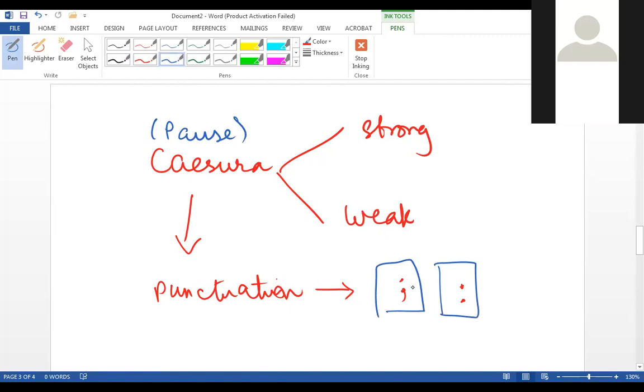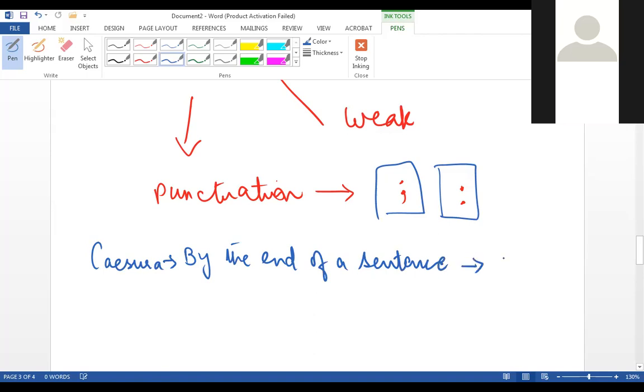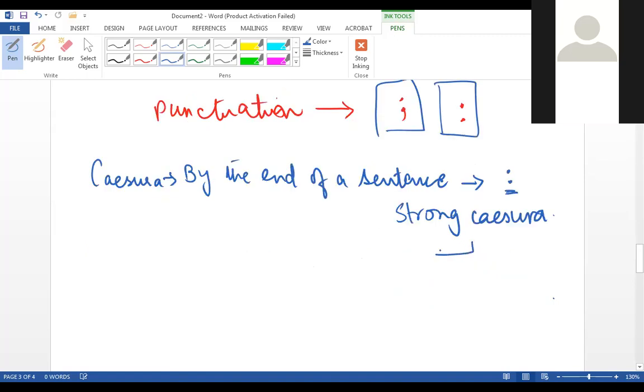If you come across a caesura by the end of a sentence, this is usually mostly identified with a semicolon, and turns out to be a strong caesura. And then the examiner wants us to comment on it. Why is it a strong caesura?